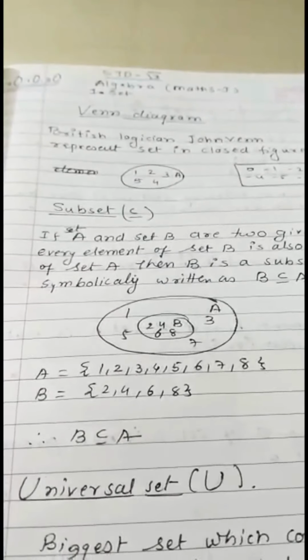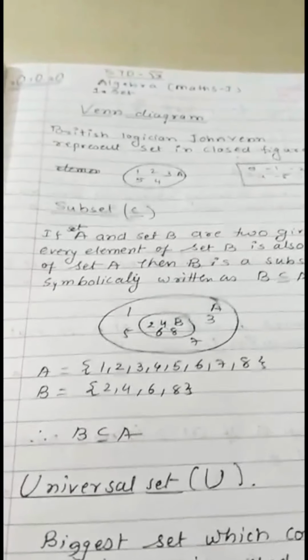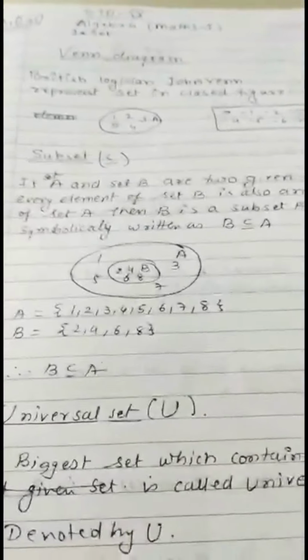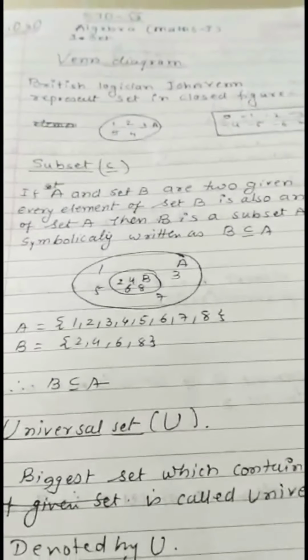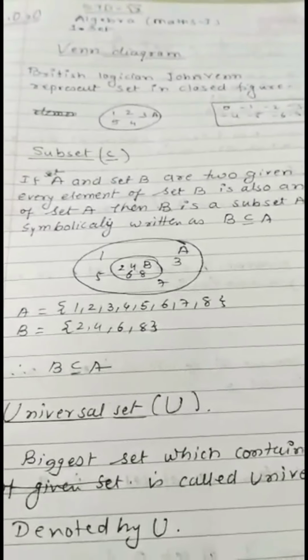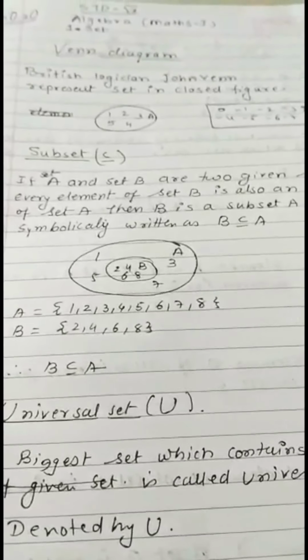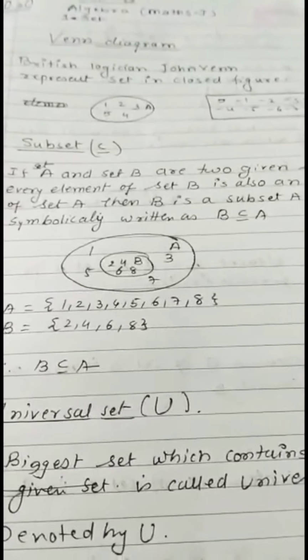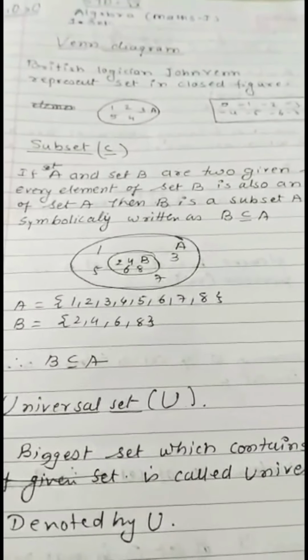Then we had seen equal sets, and today we'll see one more presentation that was given by a British logician. Logic is a branch of mathematics where you deal with the logical aspects of maths.